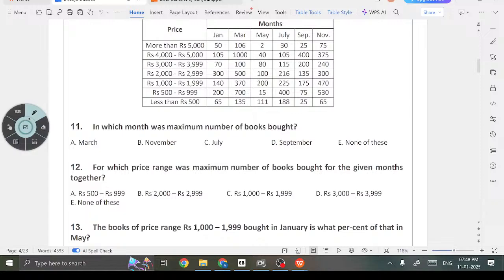You should look for big numbers here. In January, 300 is one big number, 200 is one big number. In March, 1000 is there, 500 is there, 370, 700. So according to this, definitely not January, there are no big numbers.